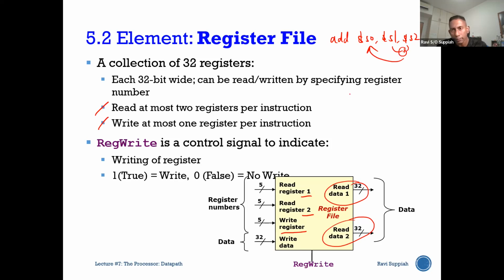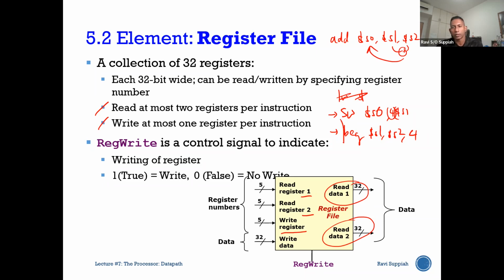But at the same time, if I take a load word instruction, or a store word instruction, or a branch instruction, these instructions do not require me to update any register.